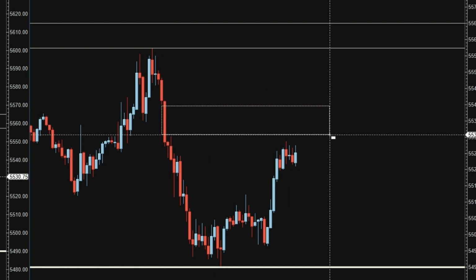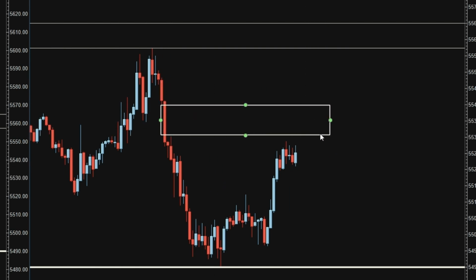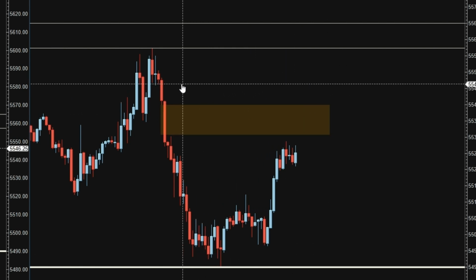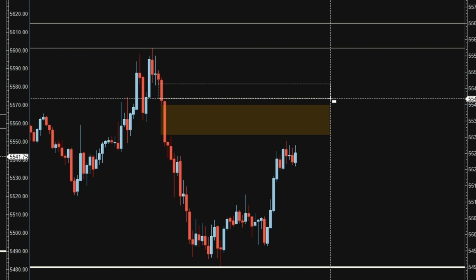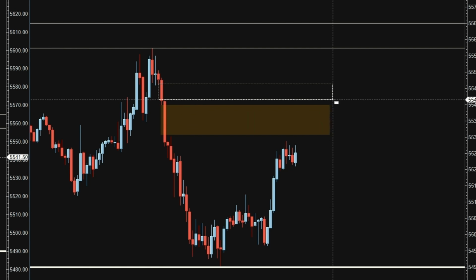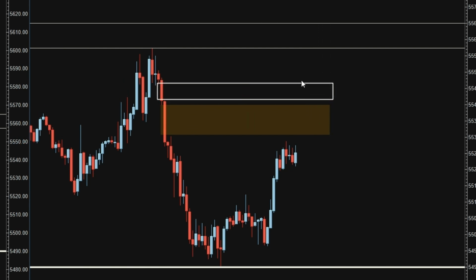5 minute fair value gap here, which is untapped. Our price hasn't gone through it yet. Also above that is the same, a fair value gap that's untapped.